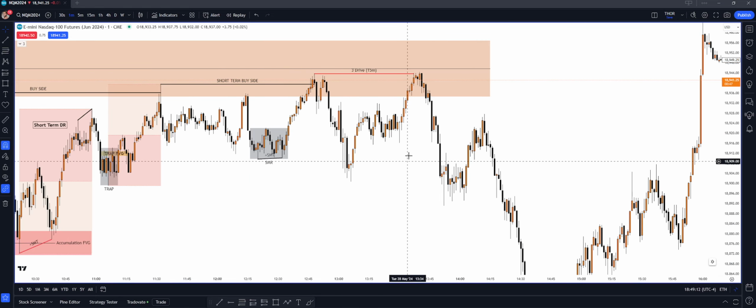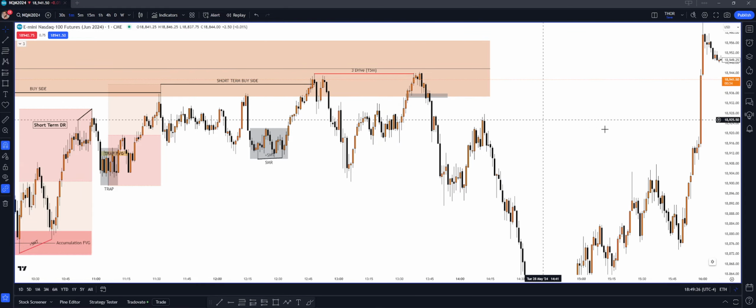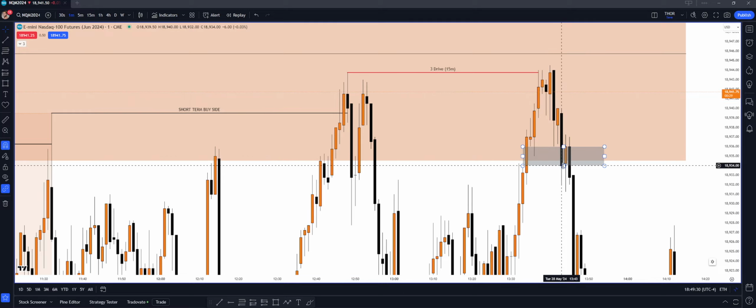But the clue is price accumulated here, right? And it kind of lost the momentum, the speed, the pace. Here there's the fair value gap, accumulation above it, flipped it. Here, I'll zoom in. Flip the fair value gap here, and then it sold off.